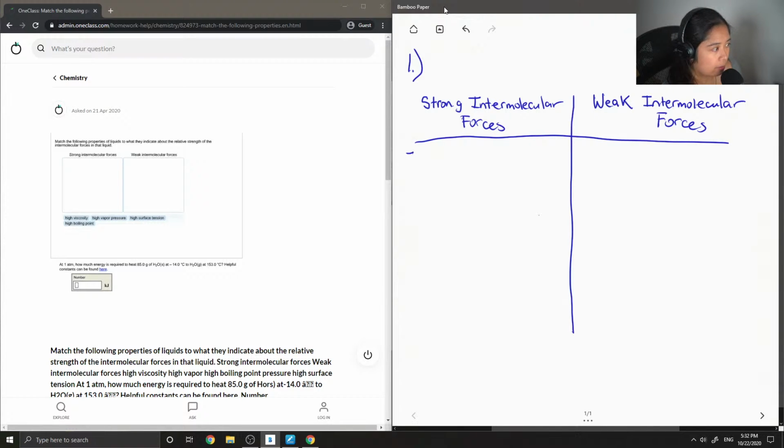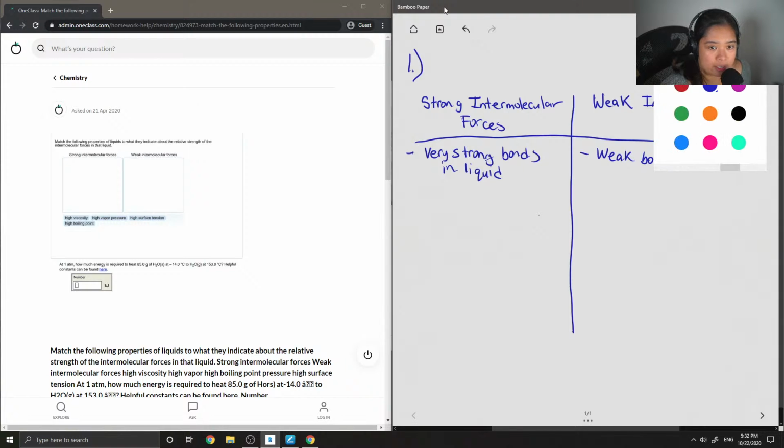So basically, when you have strong intermolecular forces in the liquid, that means that you have very strong bonds that are present in the liquid. And then on the other hand, for the weak intermolecular forces, that means you have weak bonds.